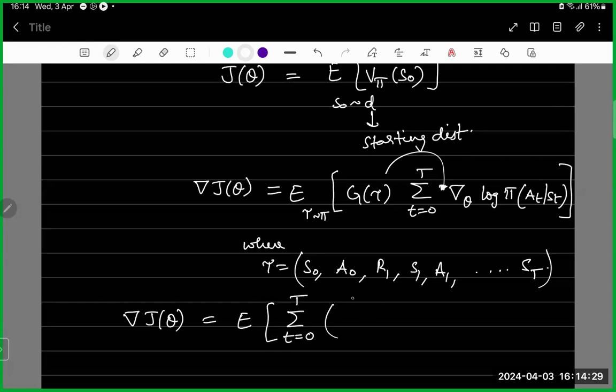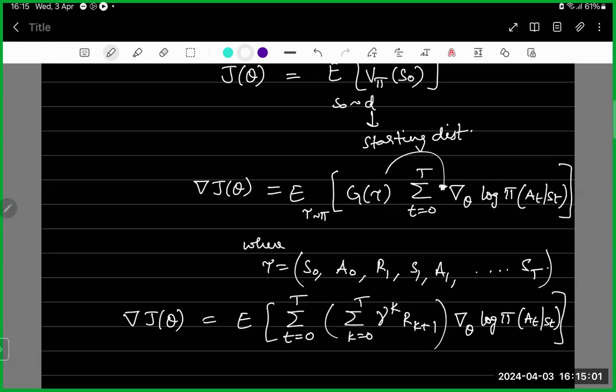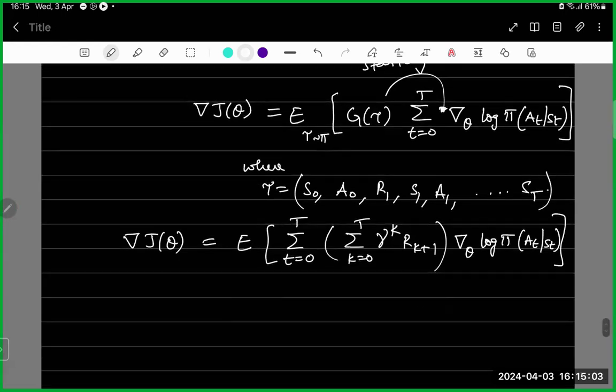G tau is the sum over k equal to 0 to T of gamma to the power k times R k plus 1. I'm just summing all the rewards with the appropriate discount factor, and the rest of the thing will be the same.